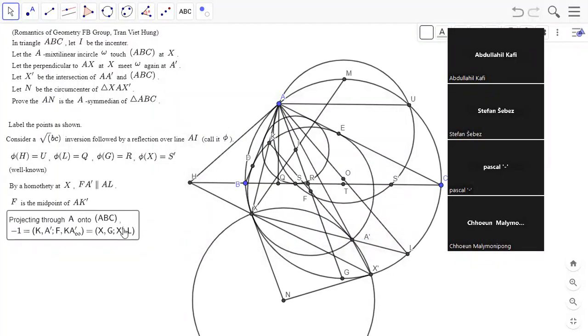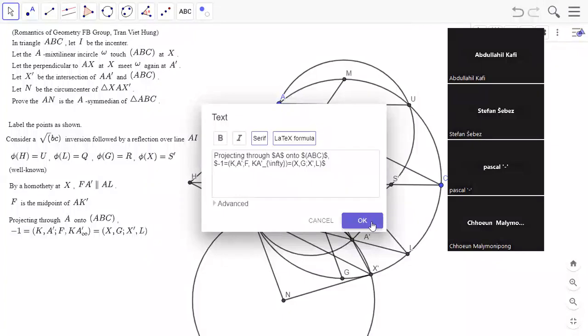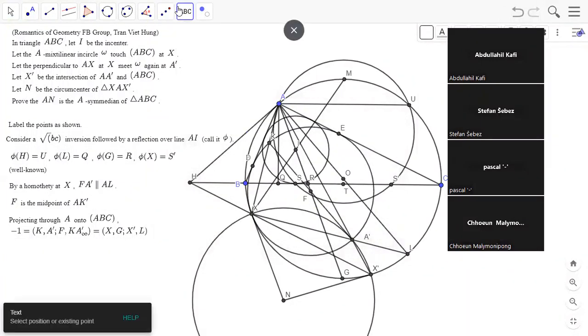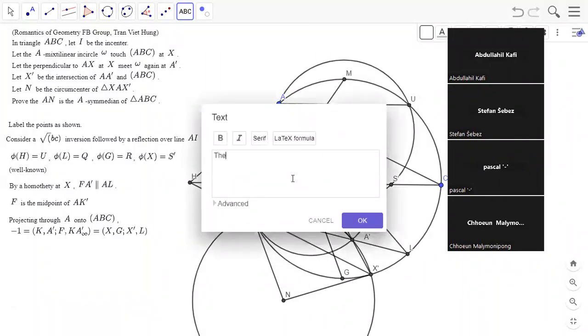And since that's harmonic, thus the images of these four points are also harmonic conjugates.